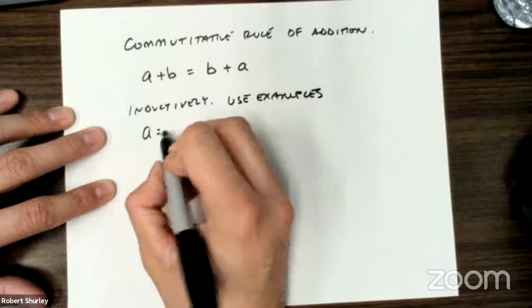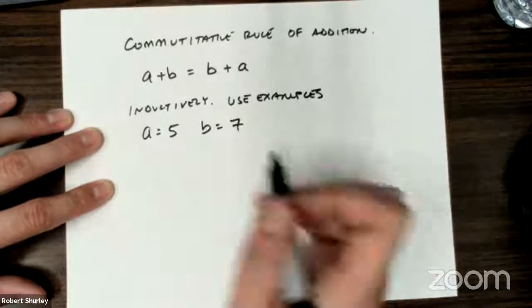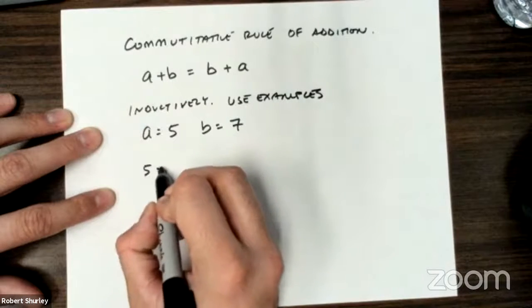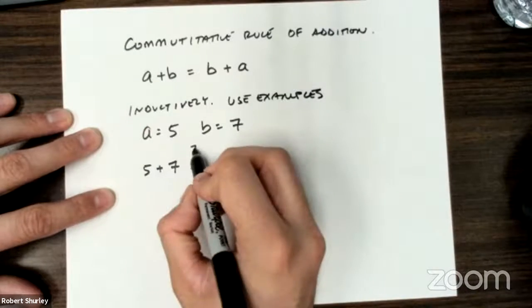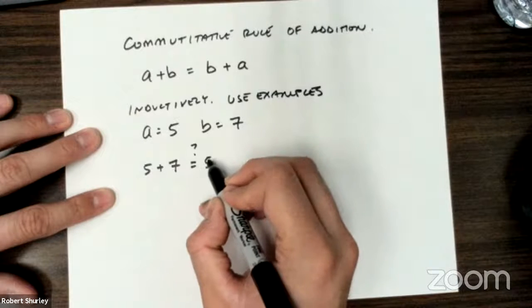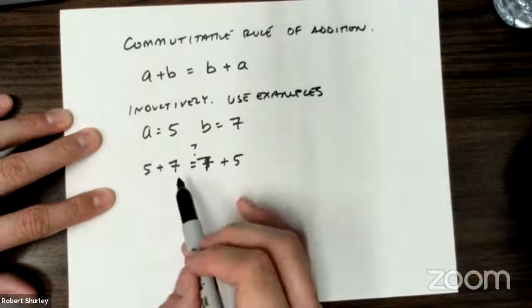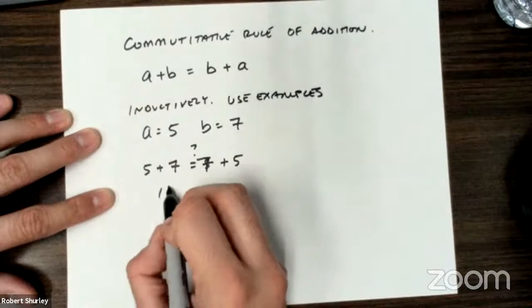So let's say I said A equals 5 and B equals 7, okay? So I'm going to plug that in, 5 plus 7. And I want to know, does it show equality? Will 7 plus 5 be the same thing, right? Well, yeah, 5 plus 7 is 12.